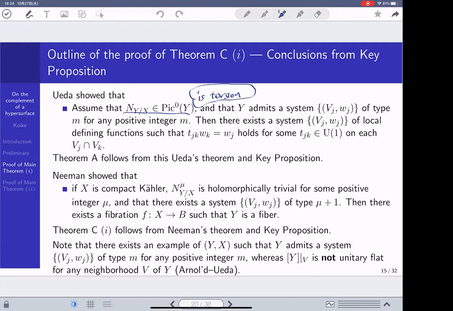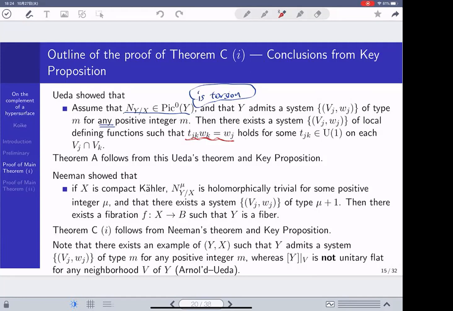And we assume that Y admits a system of type M for any positive integer M. Then there exists a system of local defining functions such that the difference is a unitary rotation, Tjk on each Vj intersection Vk.